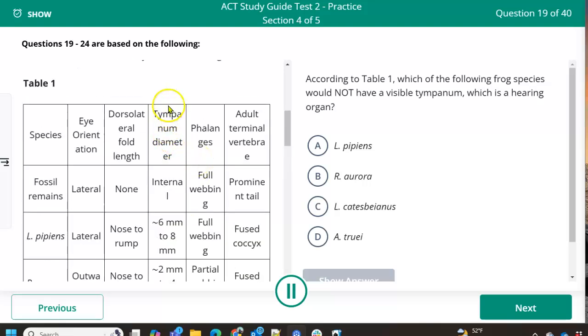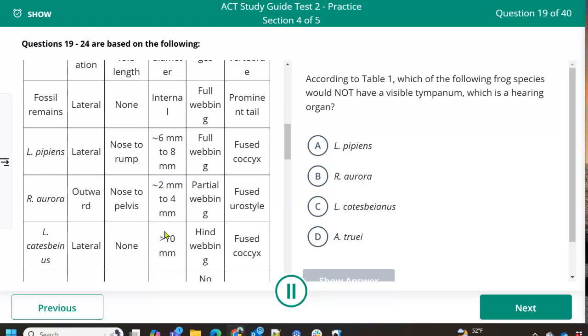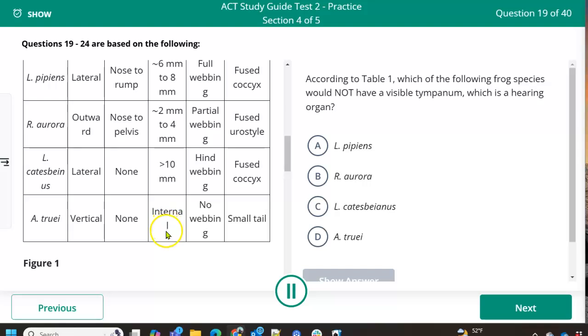So the tympanum column is here, and if we go down, that's the fossil remains, so we're not interested in that. The others, well, this one is internal, so that is not going to have a visible tympanum.